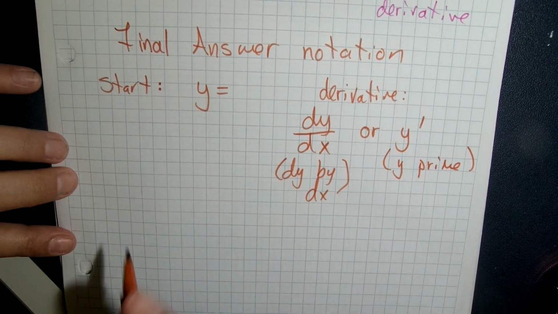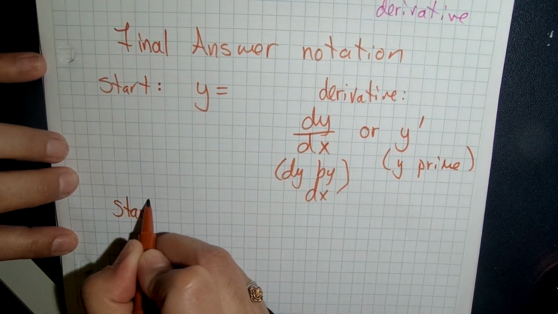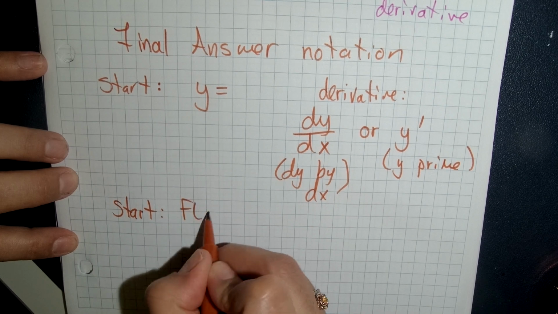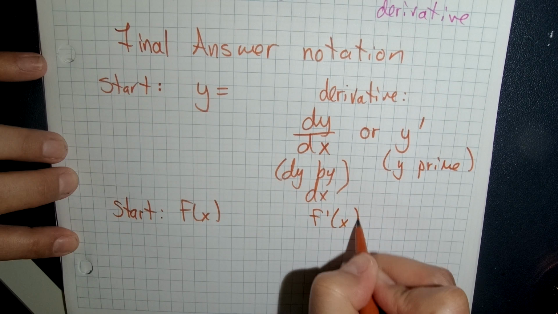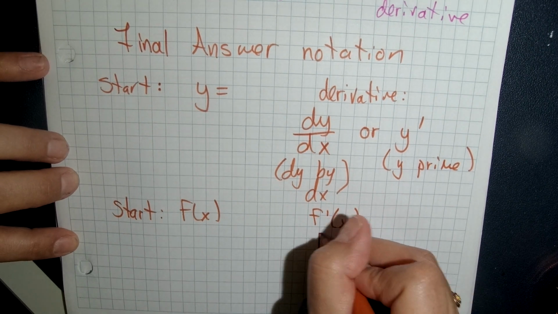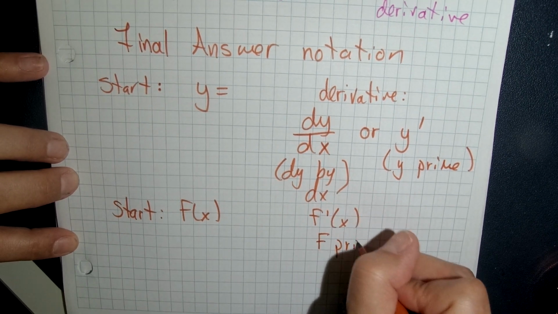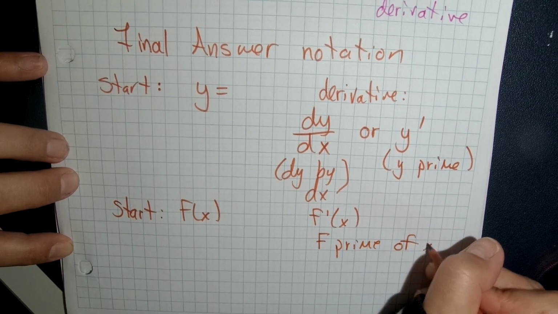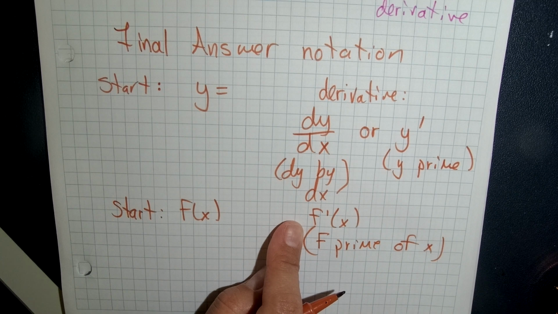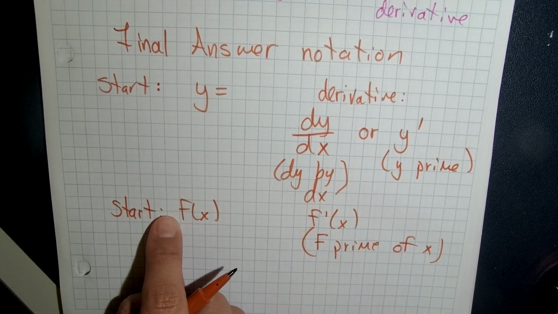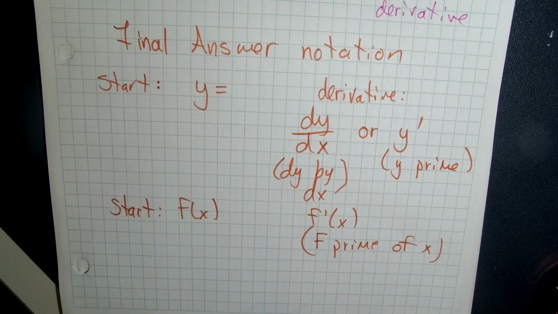If you start with f of x, that notation is f prime of x. Again, it could be G, H, I, J, K. Does not matter. Whatever the notation is that you start with, if it's function notation or equation notation, they each have their specific notations.